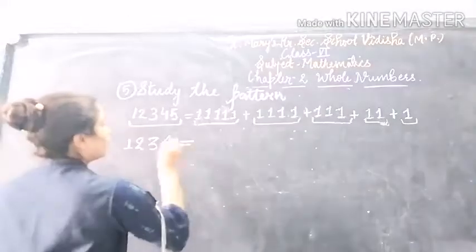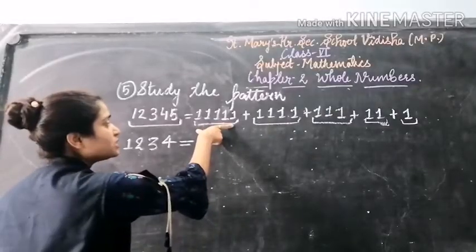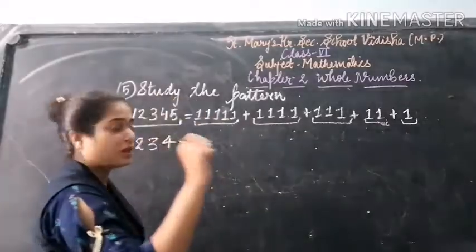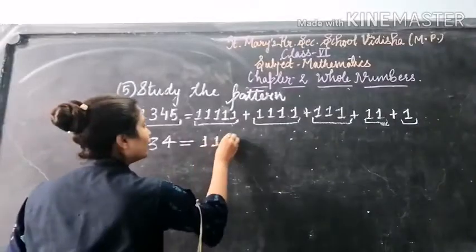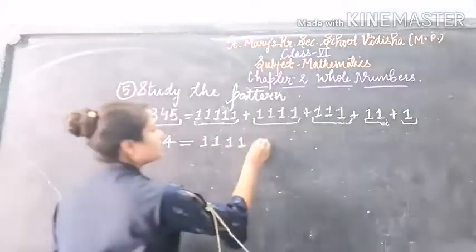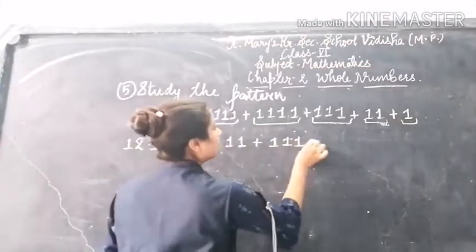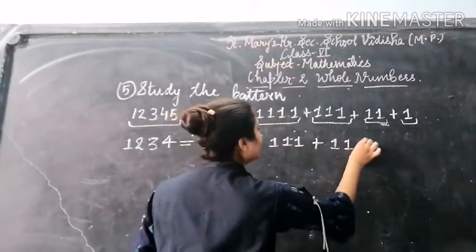Now here how many times was 1 there? 5 times 1 was there. Now we will take 1 4 times. First 4 times, then 3 times, then 2 times and then 1 time.